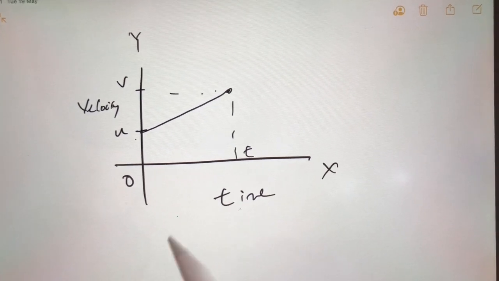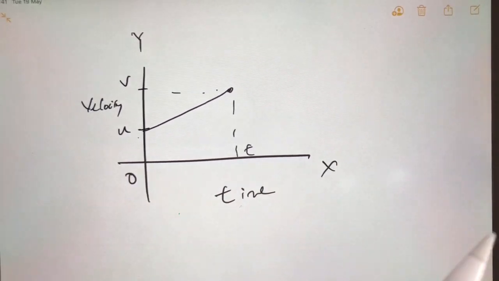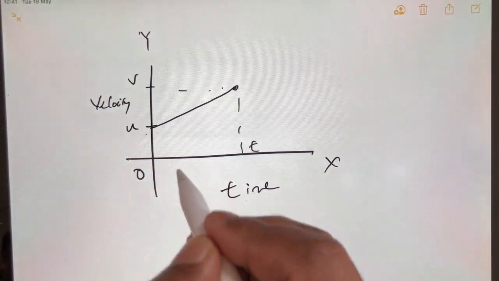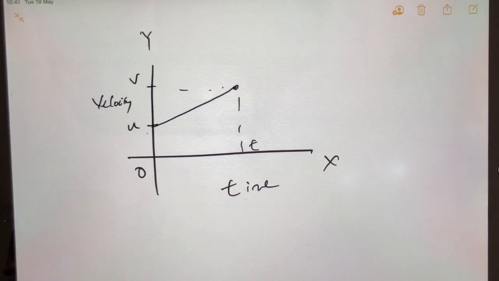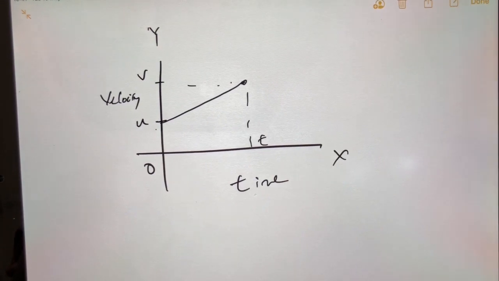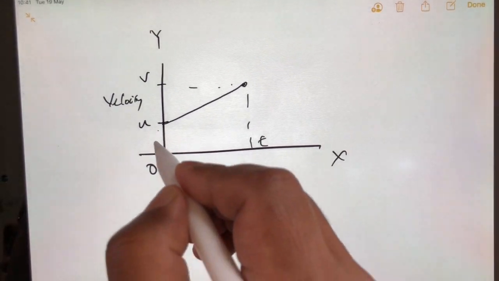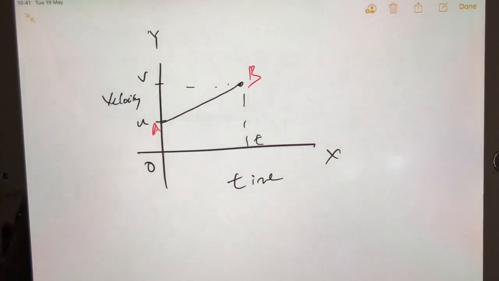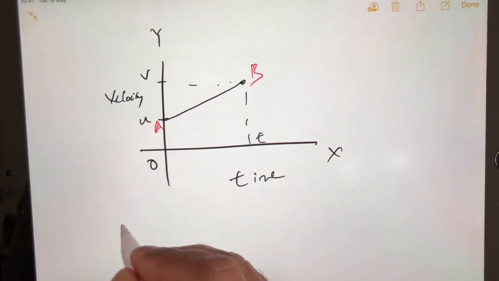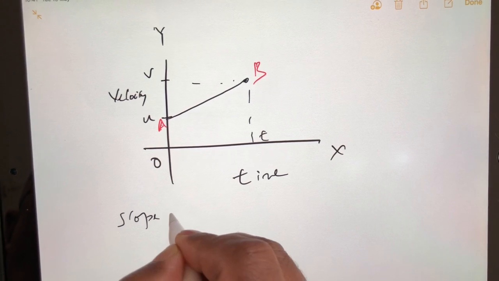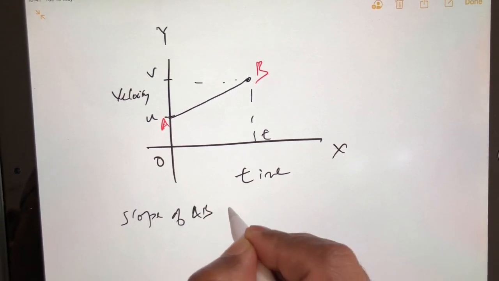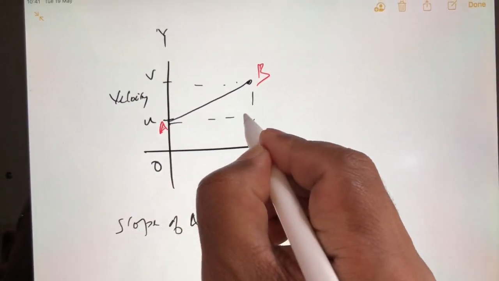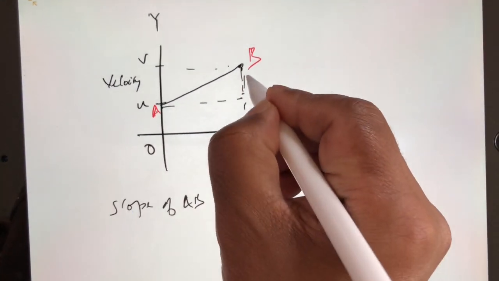So these are the equations of motion that we derive for uniform acceleration. Now if you look at the graph, let's say this is A and B, because the slope of AB will give us the acceleration. So how do we get the slope?